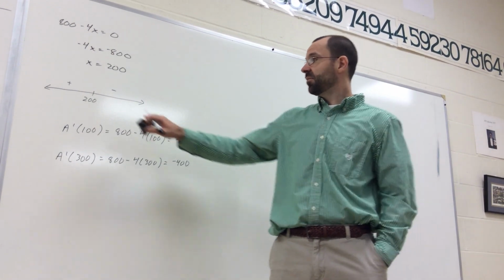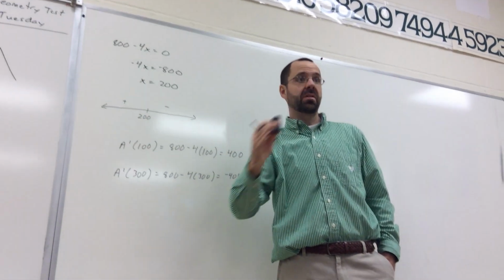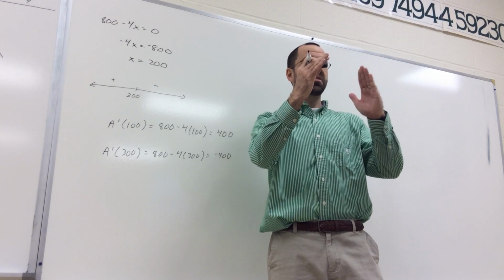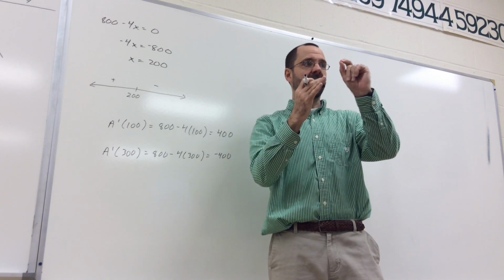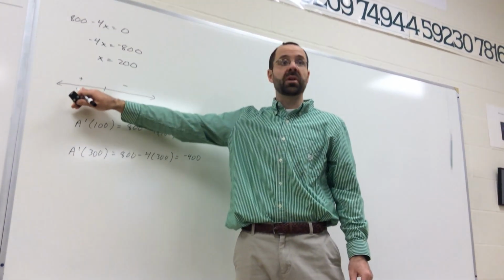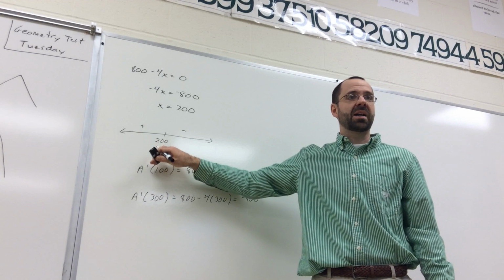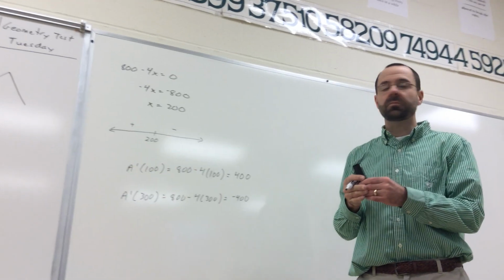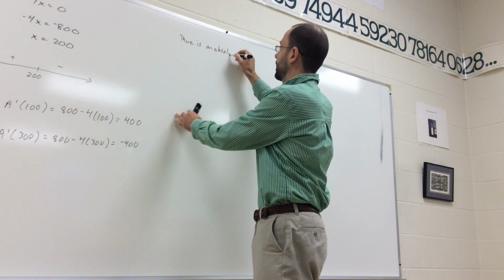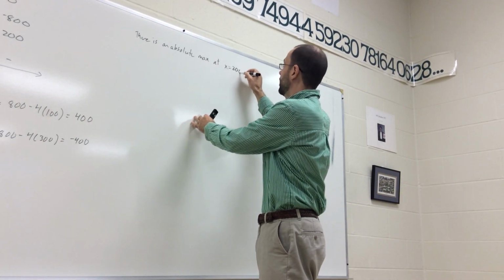But if there's only one critical value, and the graph is always going up before that and always going down after that, then in this special case, the 200 is also an absolute max, just because it doesn't switch anywhere else. So there is an absolute max at x equals 200.